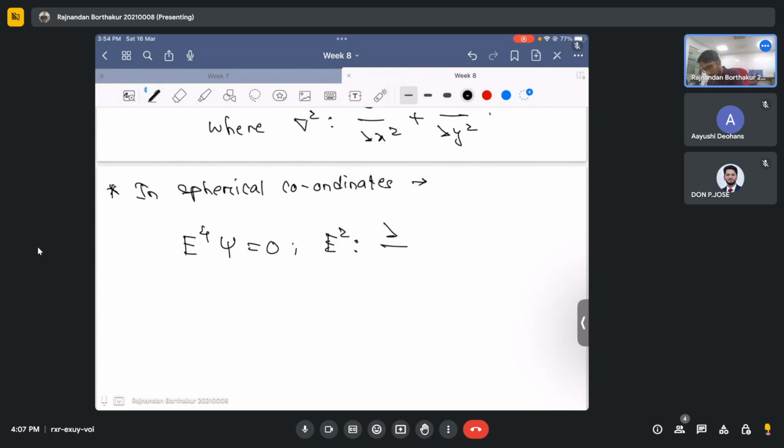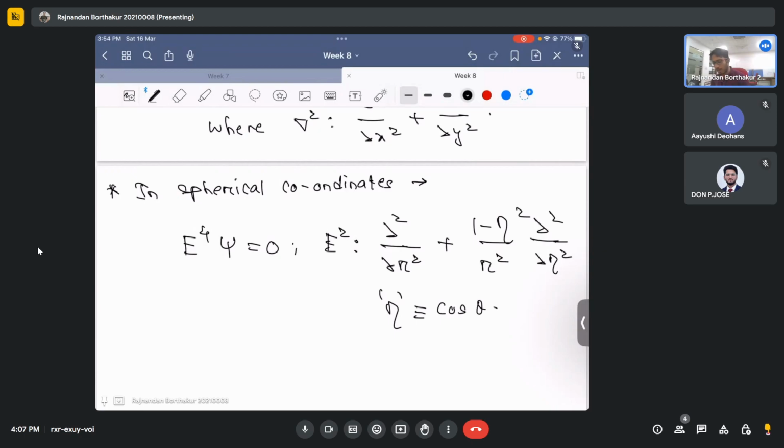So it is del 2 by del R2 plus 1 minus eta squared by R squared into del 2 by del eta 2, where this eta that you saw here is nothing but the cosine of the polar angle.